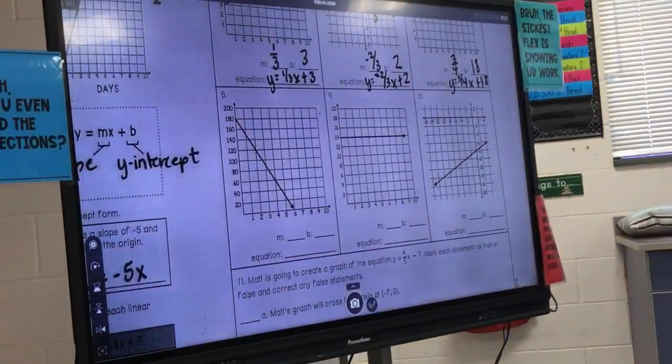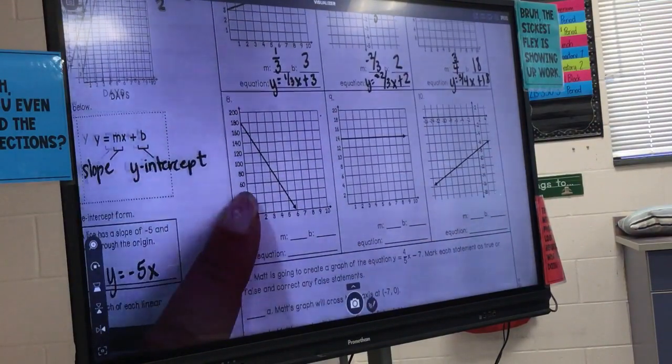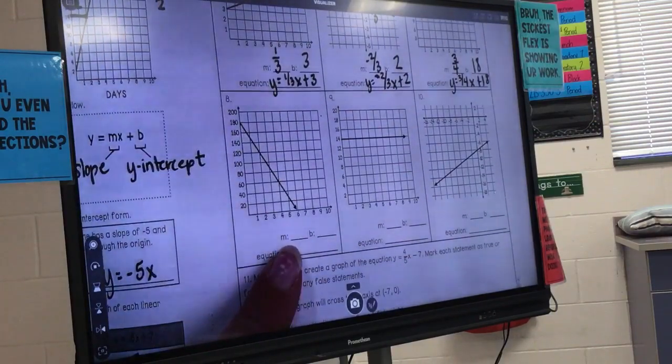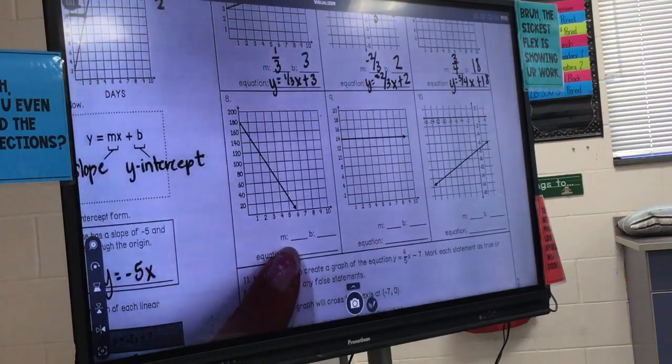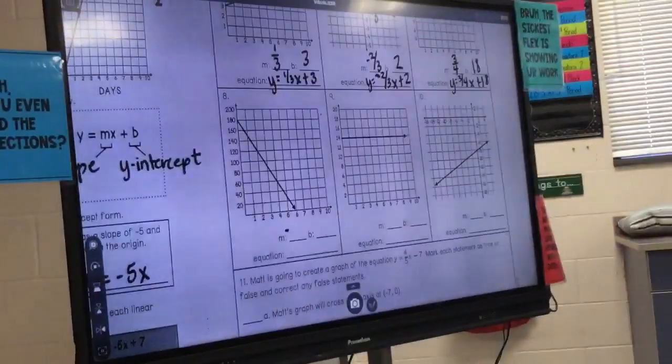Now, this one is very interesting. Because if you're not careful and you're not looking at these numbers on the side, you're going to get this one wrong. What is your slope? We know it's a negative, so everybody should have a negative. But then, again, you have to be very careful.